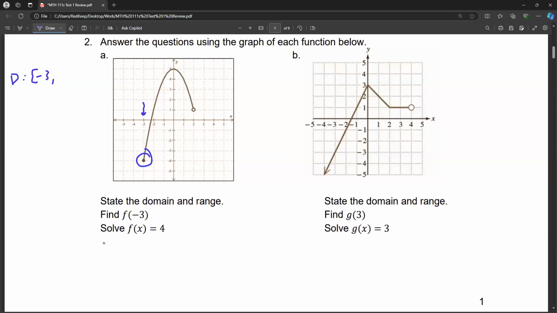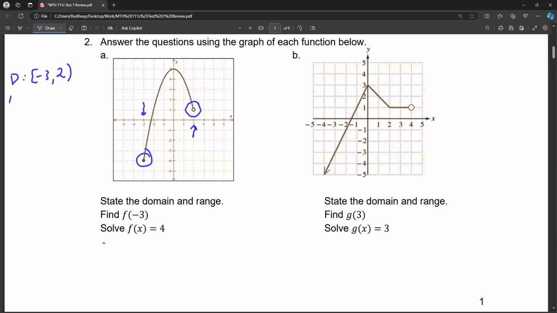Next, we'll look to see what the highest x value is, or the greatest x value. And we see that to be +2. However, instead of a solid dot, we have a circle here. So this indicates to us that the bracket being used for the right endpoint should be a rounded bracket. So it goes from -3 to +2, and we'll put that rounded bracket here.